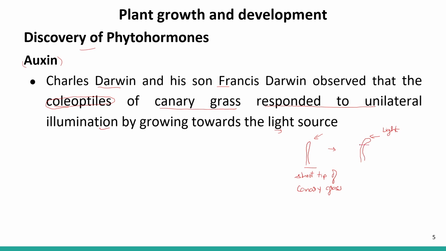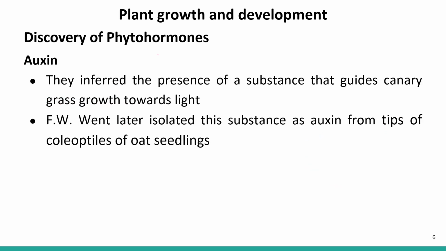And if this tip was removed, there was no movement. It stayed straight, even after illumination by light. With this experiment, they concluded that there is a substance that guides canary grass to grow towards light.